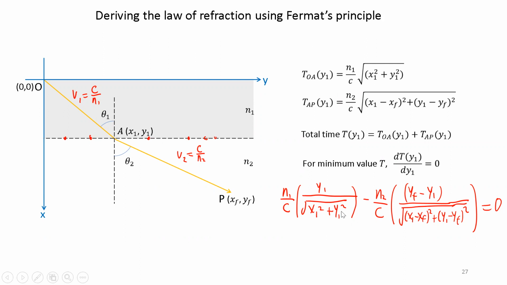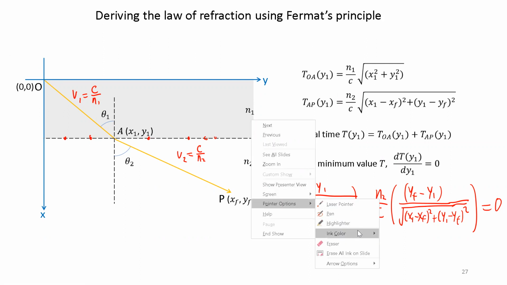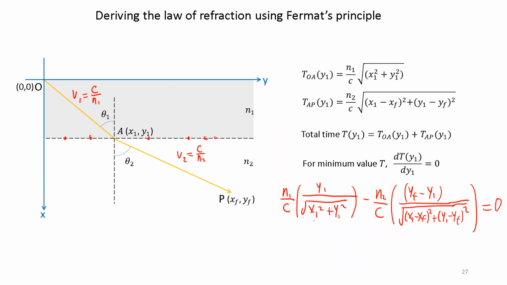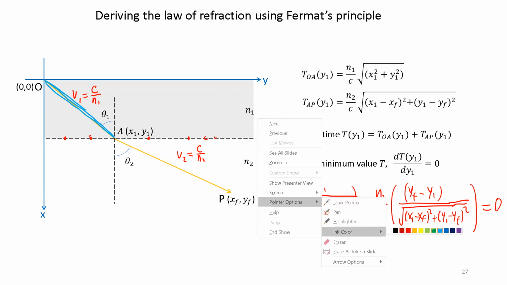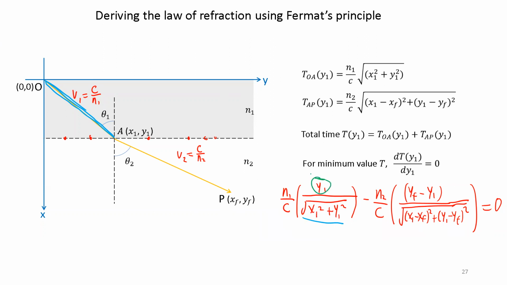Now if you look at this ratio, this one is this length over here, and this y1 is this length over here.